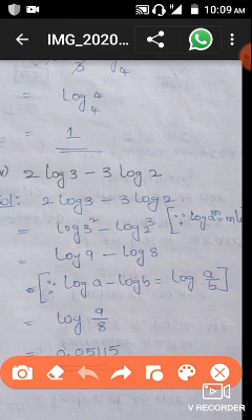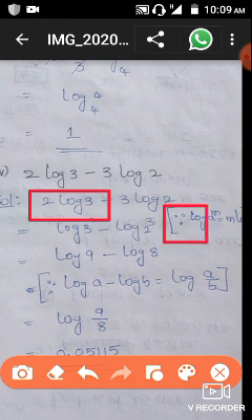So next, see 2 log 3 here. So 2 log 3 we can write as log 3 to the power of 2. Why? Because in the form of log a power m equals m into log a.